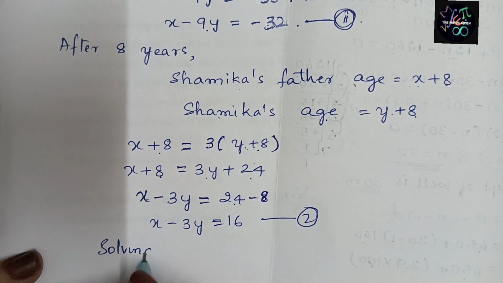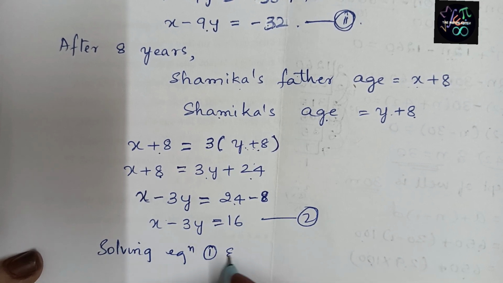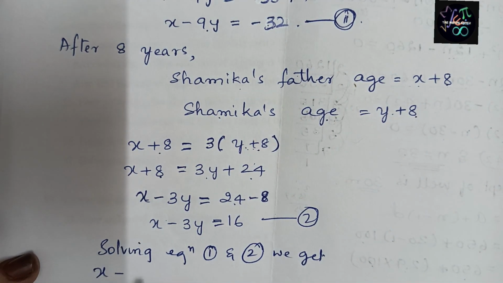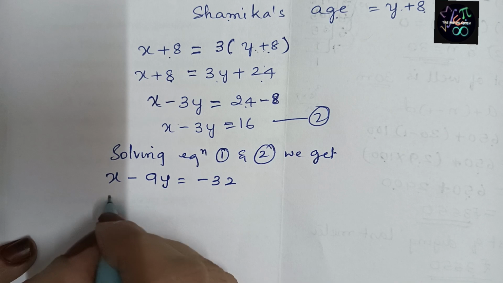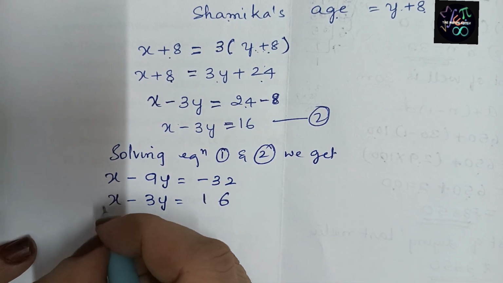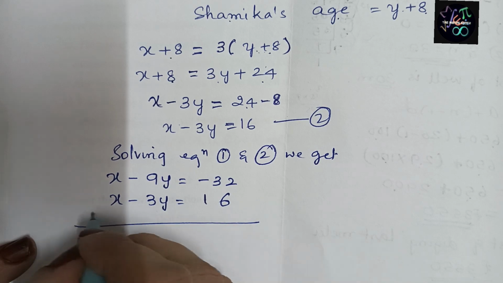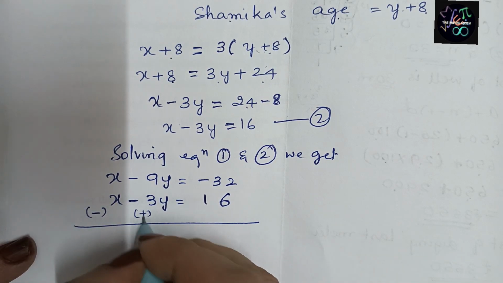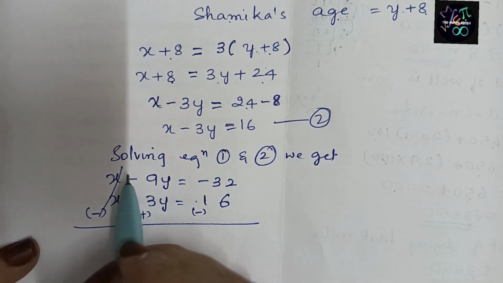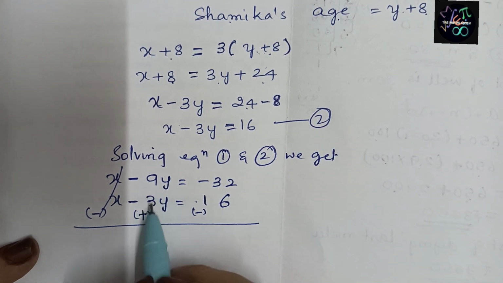Now we have equation 1 and equation 2. Solving equations 1 and 2, let us solve. Equation 1: x minus 9y is equal to minus 32. Equation 2: x minus 3y is equal to 16. Here we can see both signs are plus, so we cannot eliminate. So we will change the sign: this minus becomes plus and this plus becomes minus. x is eliminated. 1 minus 1 plus, we have to do minus. 9 minus 3 is 6.